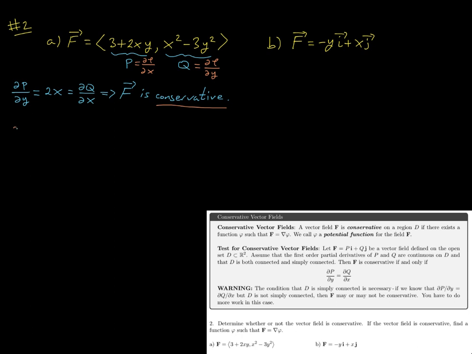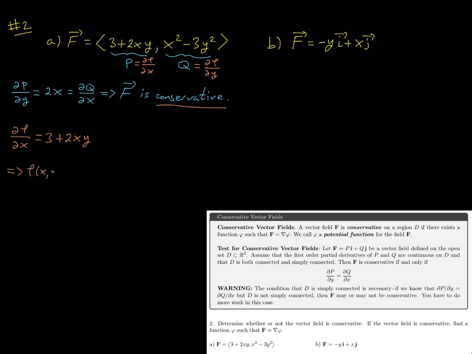So if I take this condition to start, that partial phi partial x is equal to p, which is 3 plus 2xy, let's go ahead and integrate with respect to x.